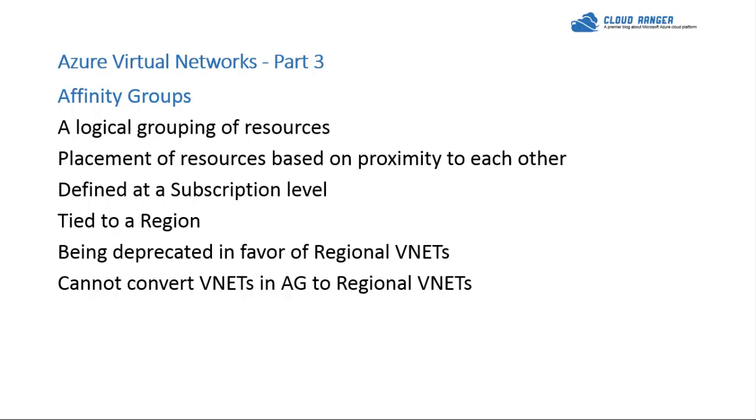And what it basically does is that whenever you create something on Azure, for example, a virtual network, machine, or cloud services, it tries to put them very close to each other when it comes to physical proximity.